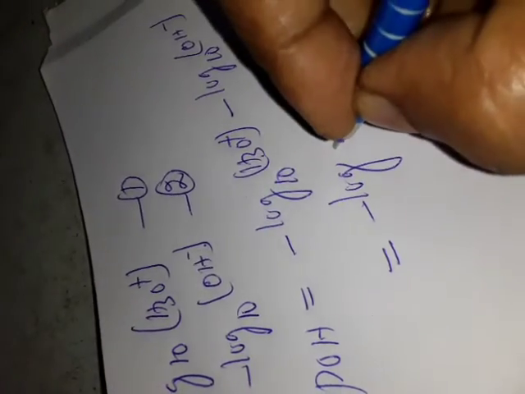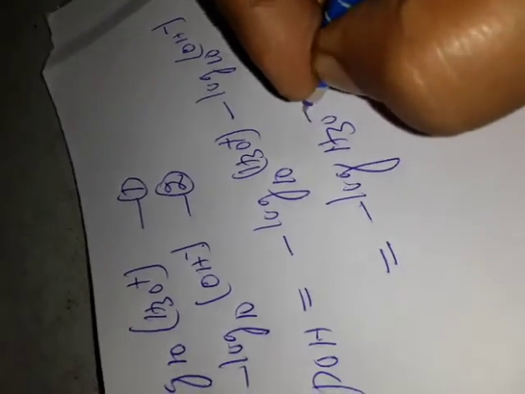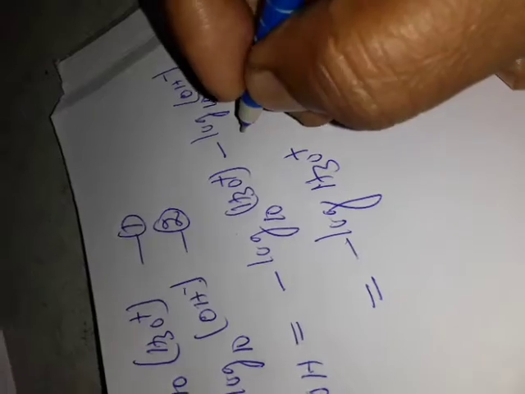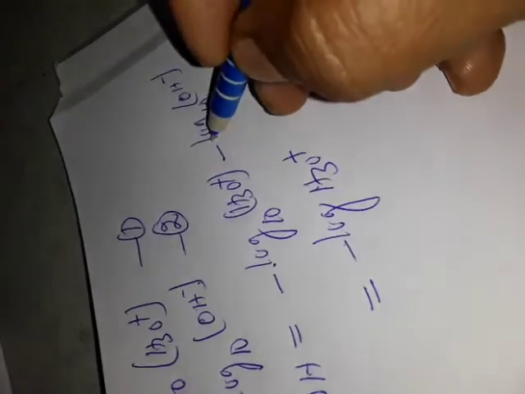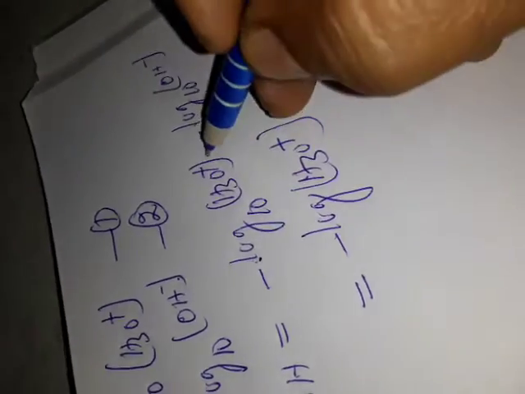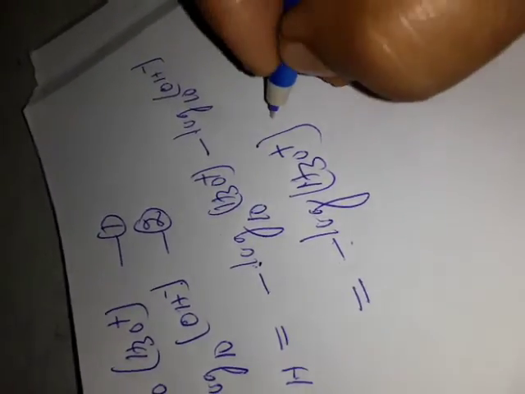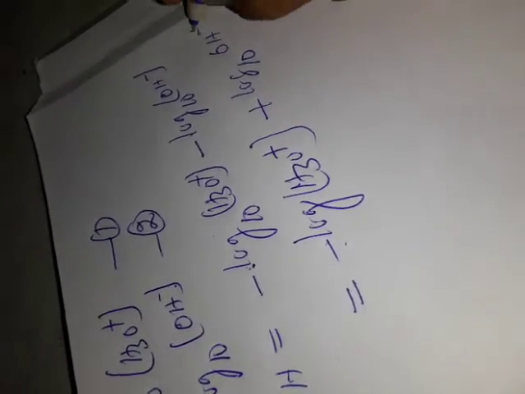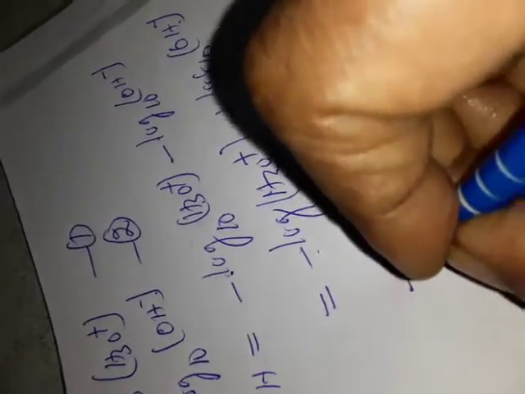Taking the common minus sign outside, that is minus log to the base 10 of H3O plus concentration plus log to the base 10 of OH minus ion concentration.